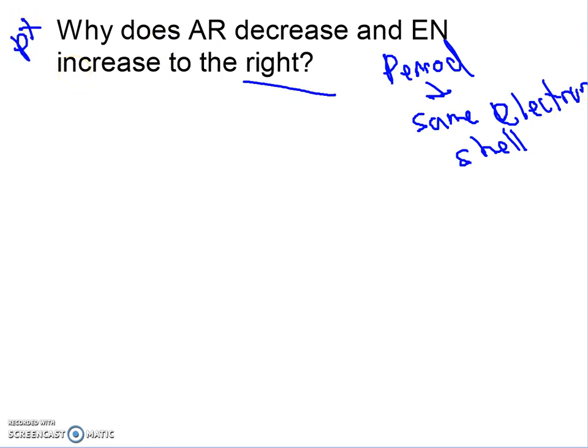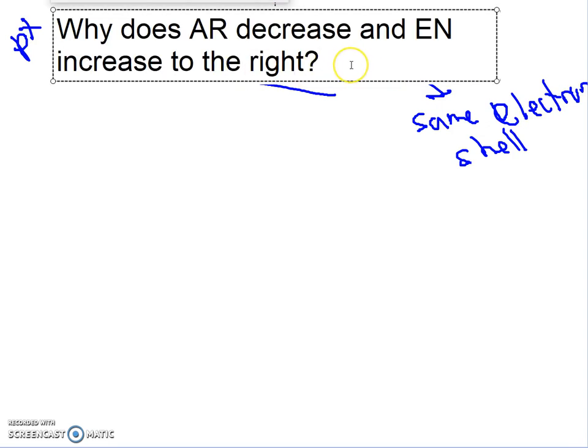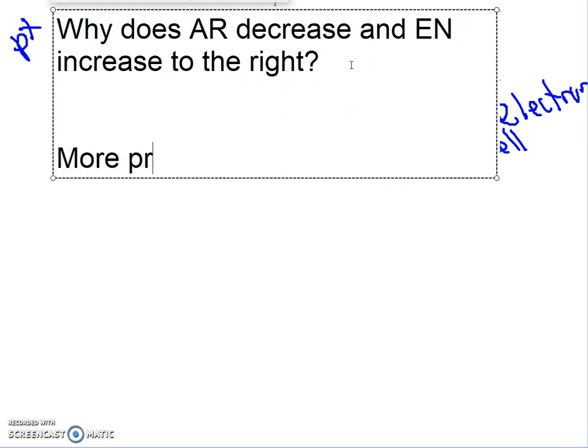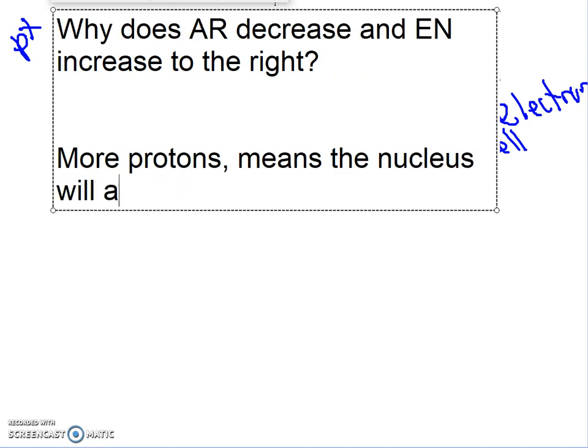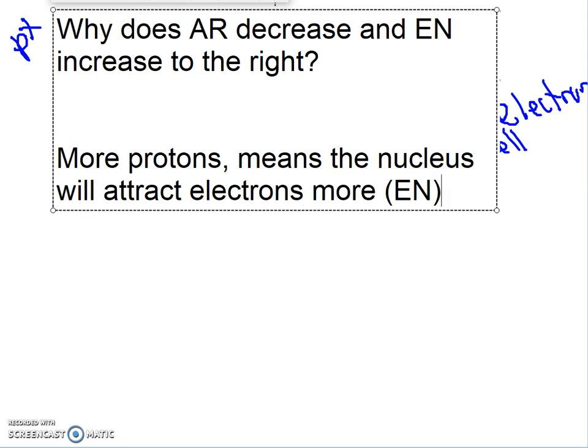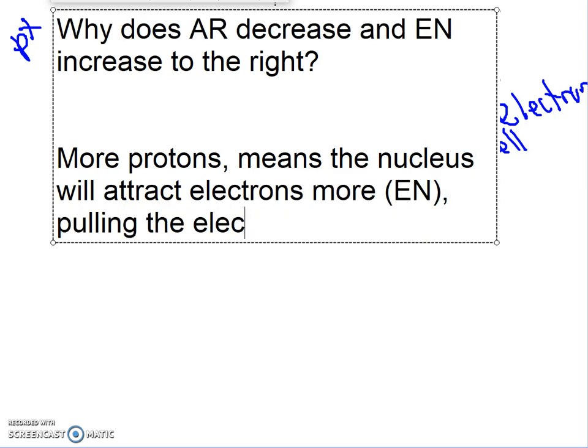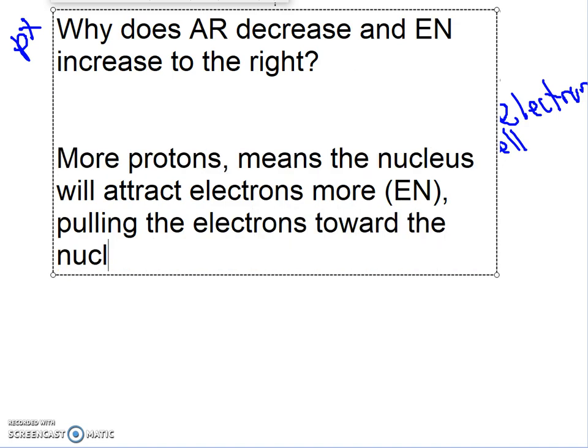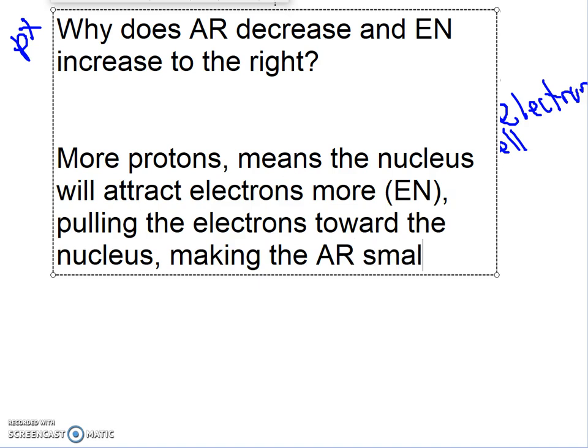So how would we explain this? Well, more protons means the nucleus will attract electrons more. That's the electronegativity, pulling the electrons toward the nucleus, making the atomic radius smaller. Right? So do you get that?